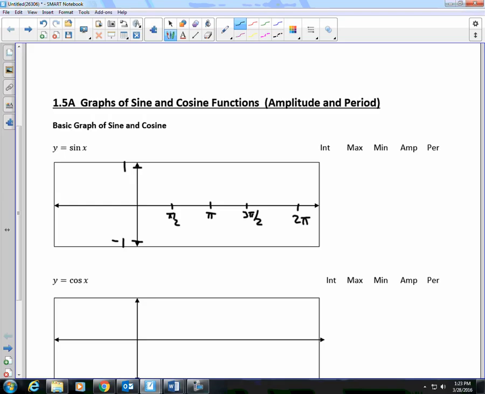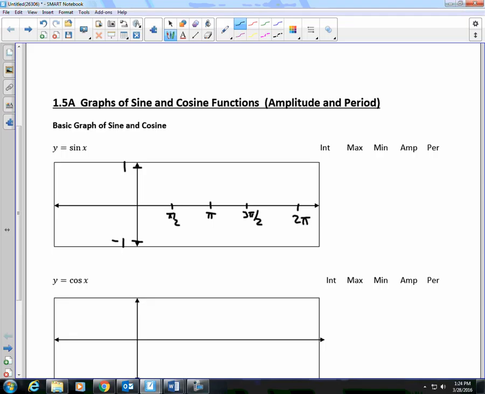Pi over 2. So can you see parts of the unit circle right here? The 0, the 1, the negative 1, the pi over 2, the pi, the 3 pi over 2, the 2 pi. Okay, so it's all there right now.